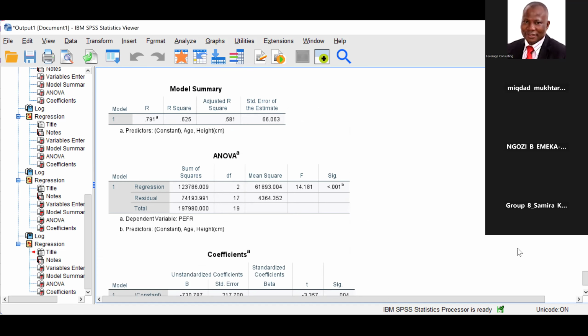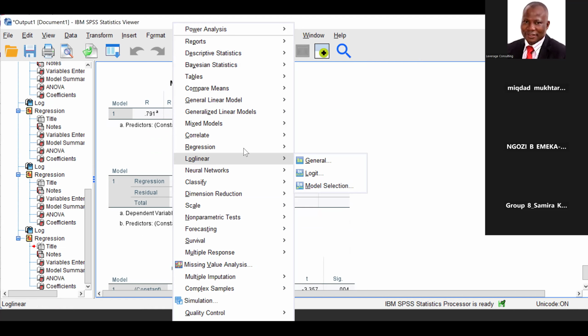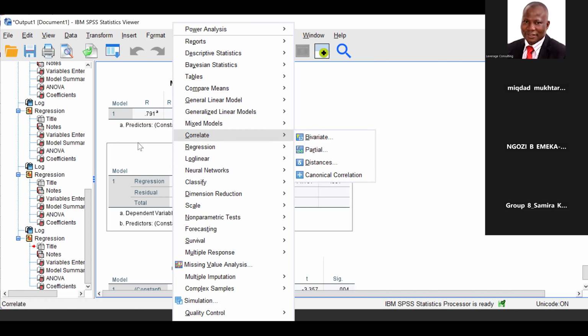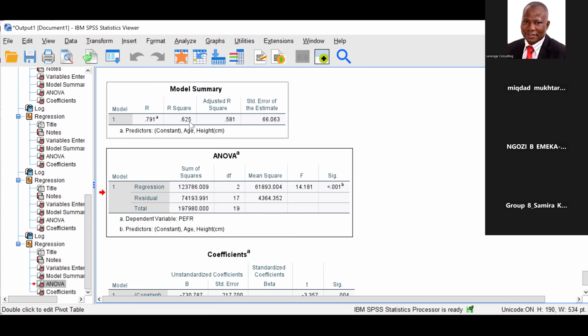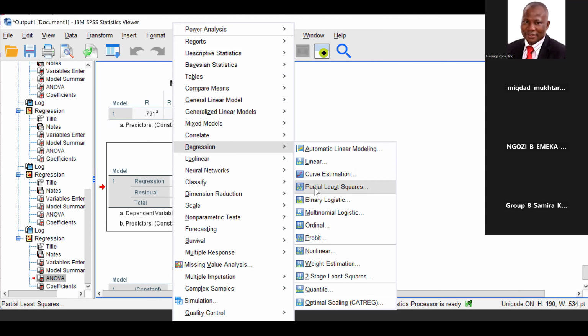So let's now add weight. Let's remove age now and put weight. Let's see, is there any better increase? After we have put height, instead of putting age, we want to put weight. That's the way we do stepwise regression.